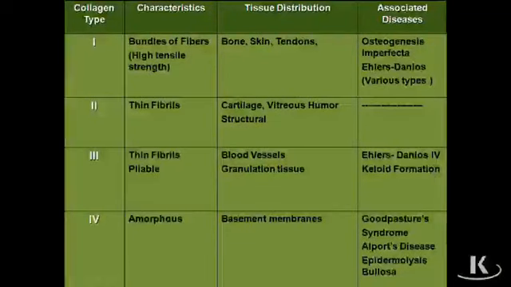Now, a board favorite is probably collagen type 4. Collagen type 4 is associated with Goodpasture syndrome, with Alport's disease, with epidermolysis bullosa. In fact, in Goodpasture's disease, you see antibodies produced against your basement membranes.